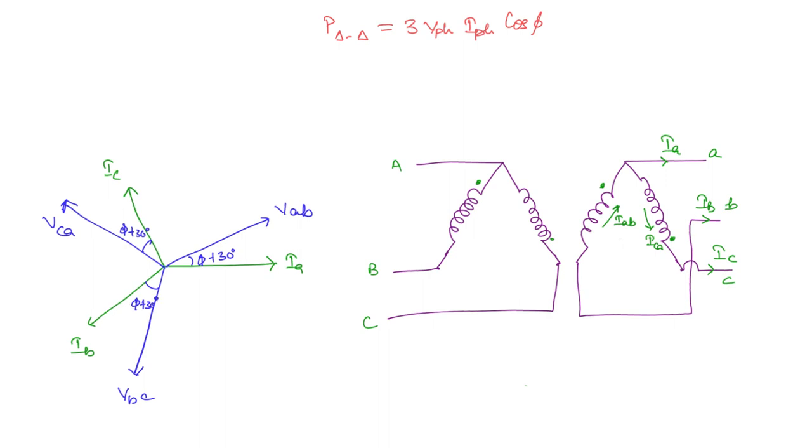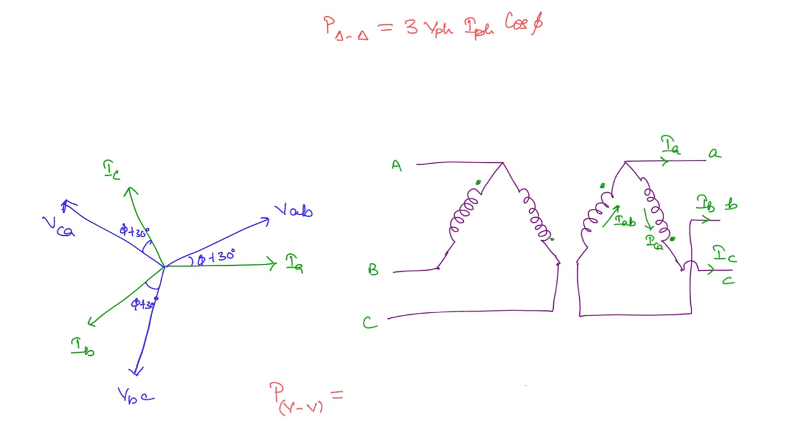Now what will be the power in the VV connection? Okay, so open delta we will represent as VV. This is one transformer, this is the other transformer. So the voltage and the current across it into the cos of the angle between that voltage and current. So what is the current through this winding?